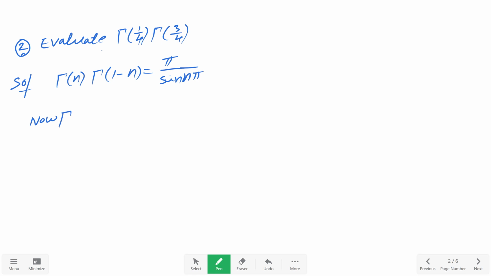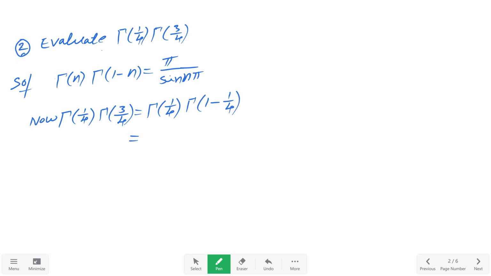Now what do you want? Gamma of 1 by 4 into gamma of 3 by 4. So this can be written as gamma of 1 by 4 into, I can write 3 by 4 as gamma of 1 minus 1 by 4. So 1 minus 1 by 4 is nothing but 3 by 4.